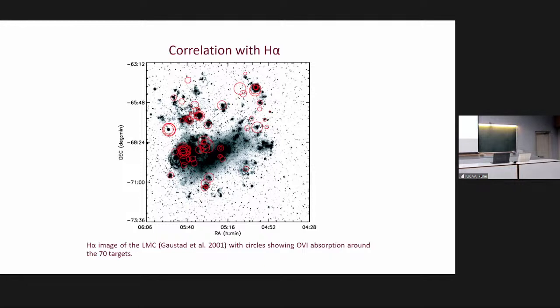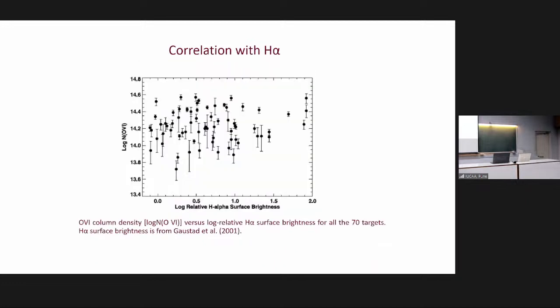We thought that we might find some correlation between the H alpha emission and the O6 ion column density, but we couldn't find any correlation. See, this is so flat. This is the column density of O6 ion versus the H alpha surface brightness, and we didn't find anything. We thought that if H alpha emission is strong, more ions will be created, but it was not so.